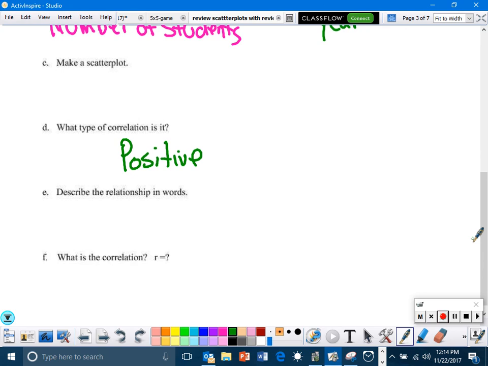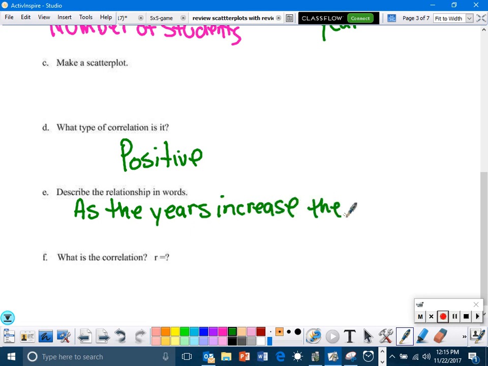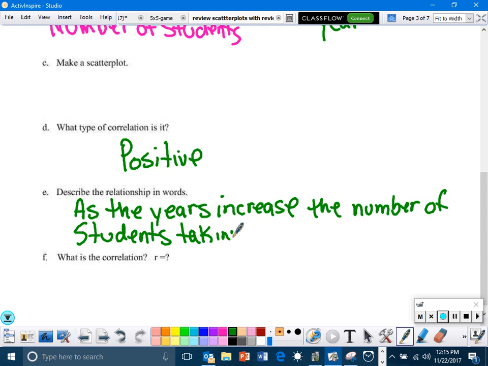Okay, as the years increase or go up, the number of students taking the AP Stats test increases.